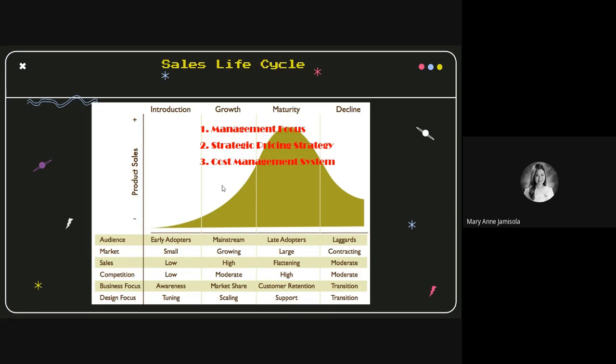There are large developmental costs at the time when sales revenue is still relatively small. As the strategy shifts to cost leadership in the latter phases, which are your maturity phase and decline phase, the goal of the cost management system is to provide the detailed budgets and activity based costing tools for accurate cost information.